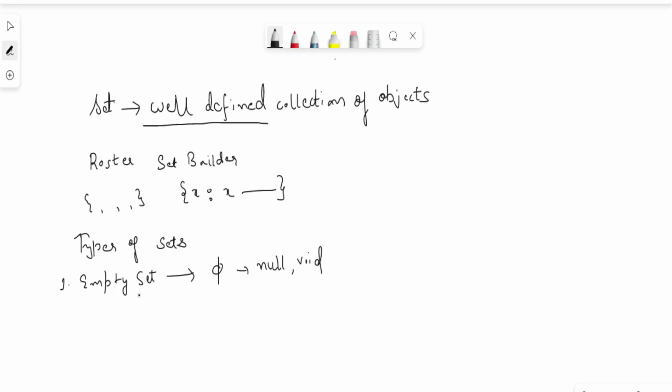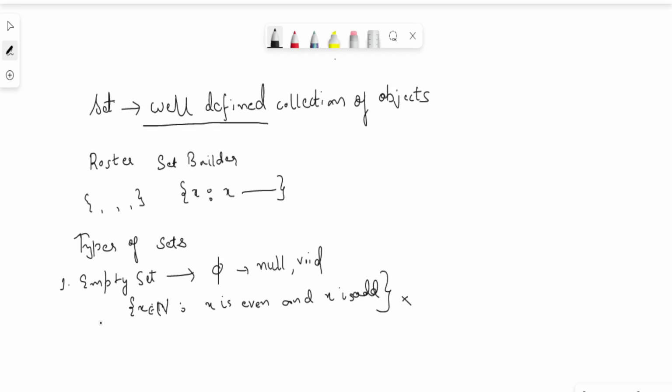Now let's look at one example. For example, all such x belonging to real numbers, or all such x belonging to the set of natural numbers, such that x is even and x is odd. So does this set have any element? No, this is empty, right?